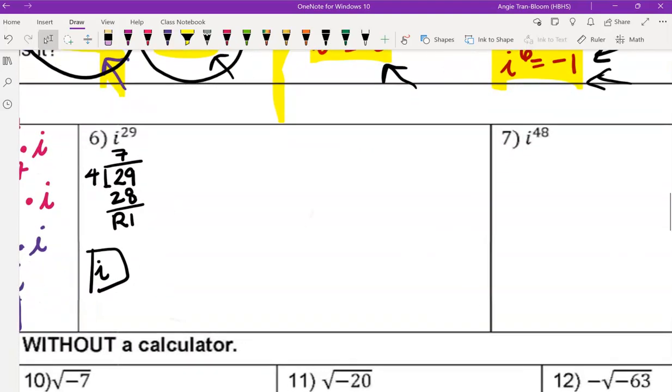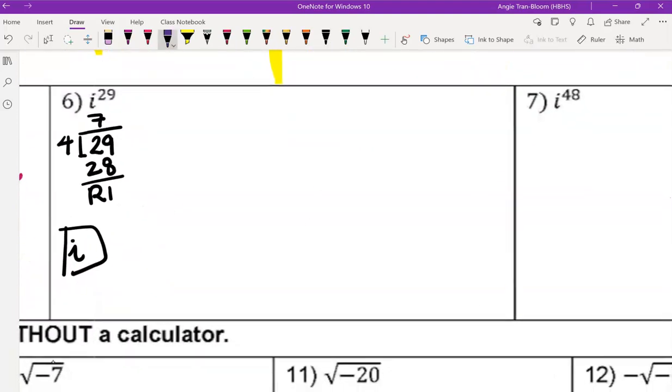Let's do it the second way, which is, okay, i to the 29th. I'm going to try to make it i to the 28th because I don't want to have to remember, if I divide by 4, my remainder is this, what would that be?